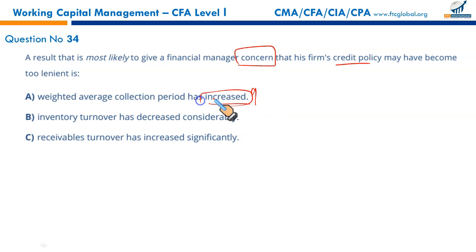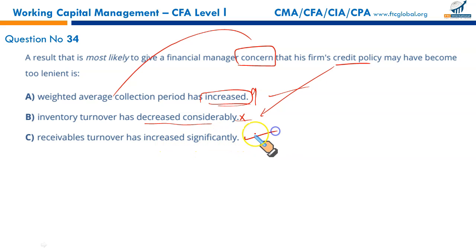An increase in our credit period will result in liquidity issues. So this is a cause of concern to the financial manager. This is good: inventory turnover has decreased considerably. A decrease in inventory turnover is bad, but that may not be directly affected by the credit terms, so we can't entirely connect it with the credit terms. Receivables turnover has increased significantly. This is good. The cause of concern is that the weighted average collection period has increased.